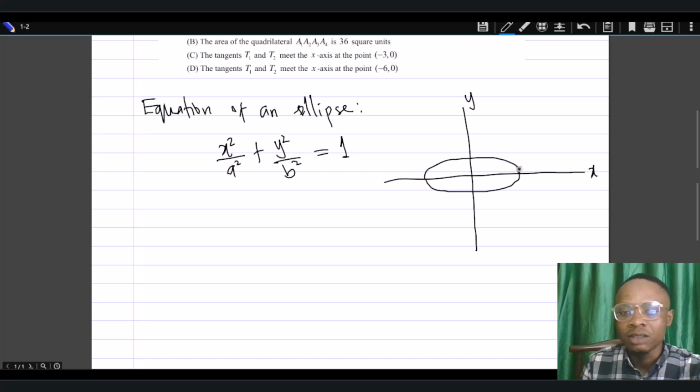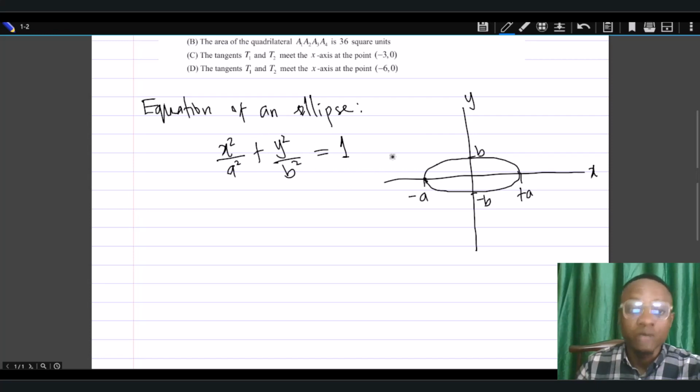On the x-axis, this is going to be minus a at this end and plus a at this end. For the y-axis, the denominator is b, so this is going to be plus b at this end and minus b at this end. So this is that equation of the ellipse.